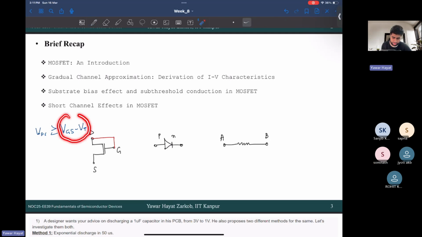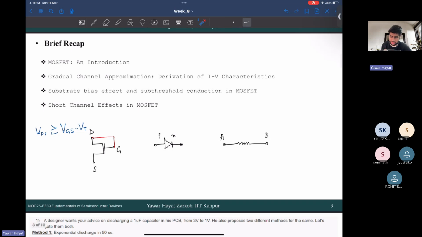If this condition is satisfied, then the MOSFET is in saturation region. So now, since you know this, can you comment on the region of operation of this? If VDS is less than VGS minus VT, then your MOSFET would be in linear region, right? Now, what about this?